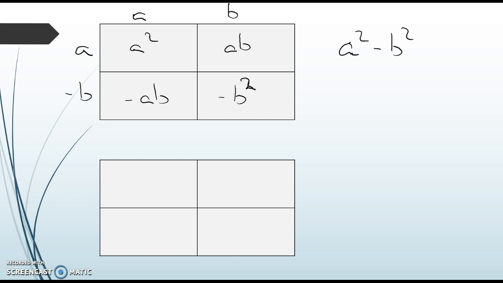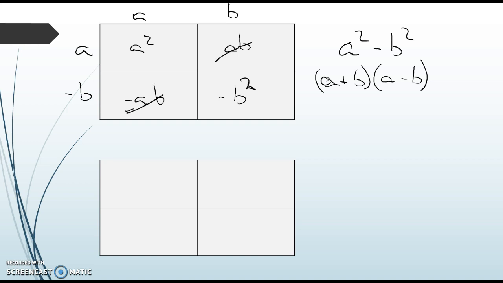Our two ab's cancel out because one of them is negative. So we're left with our original expression of a squared minus b squared. So our factors are a plus b, a minus b.